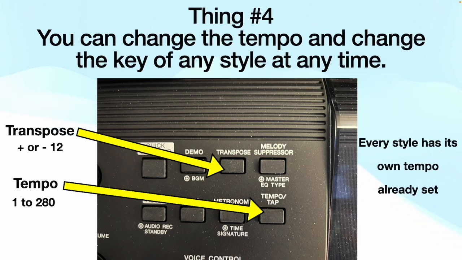And in the factory, when they built the E463 keyboard, and when they were designing and programming all 235 of those styles, they decided what was the best tempo for each one of the styles, and that is built in. So when you and I call up a style, it automatically sets the tempo at what the Yamaha music engineers thought was the best tempo for that style.